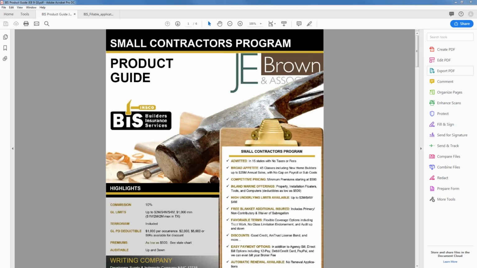If the insured has a spec home that's vacant, and they just built it and they're waiting to sell it, and the insured is a contractor, as long as they're a contractor and we are insuring the rest of the business, we can add it on for a little bit, but we are not a market for just vacant property. Okay, gotcha. Maybe I misunderstood that question. That's actually a good piece of information, so thank you for that.